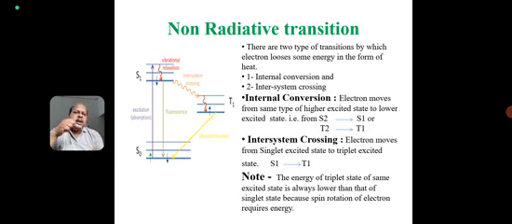You can clearly see that when the electron comes from a singlet state to a triplet state, it changes its spin. Therefore, change of spin requires some extra energy. Therefore, the corresponding triplet state is always at lower energy than the same type of singlet state.